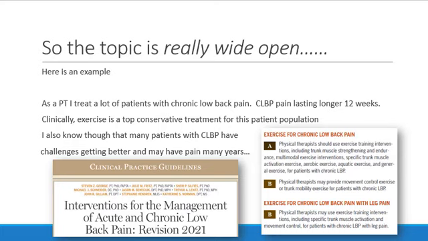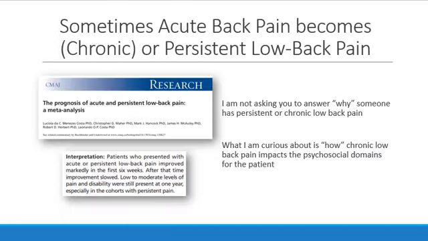You would think, based upon those A's and B's, that would take care of things. But I know many patients with chronic low back pain have challenges getting better and may have pain for many years or may fail to make gains when I work with them.